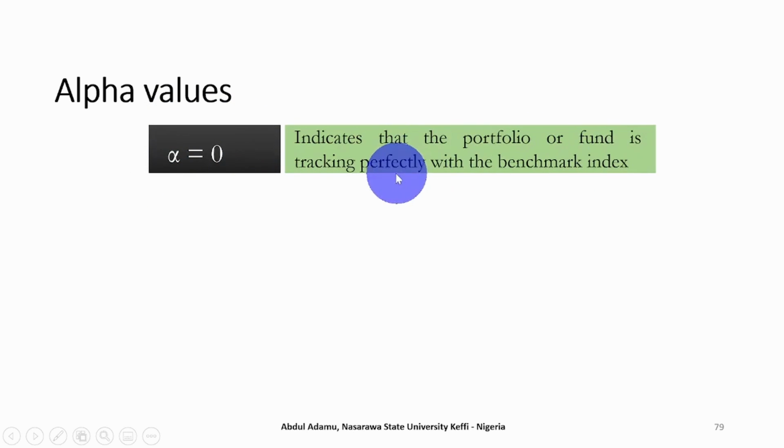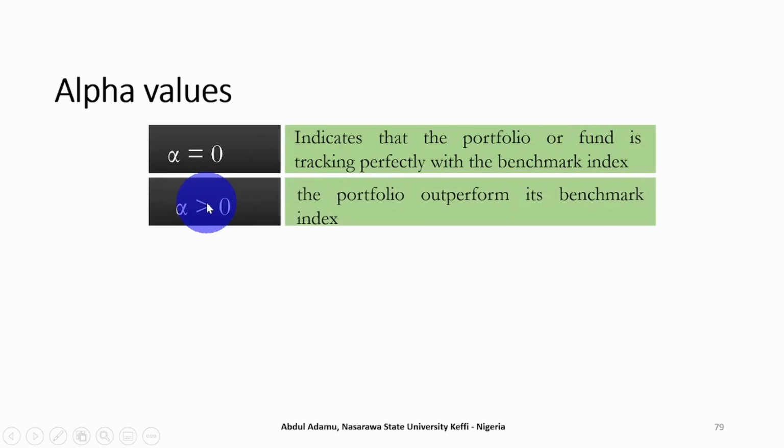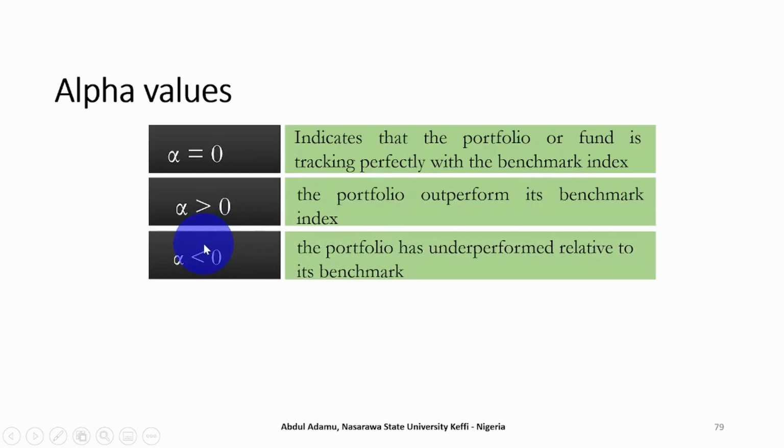It means it's tracking the benchmark index perfectly. If alpha value is greater than 0, that is positive, it means the portfolio outperformed its benchmark index. And if alpha value is negative, that is less than 0, it means it has underperformed relative to the benchmark index.